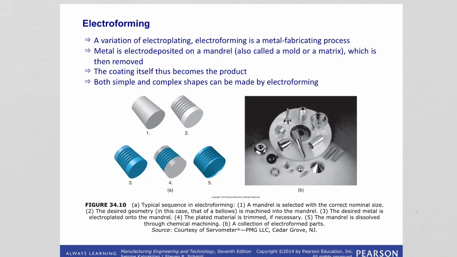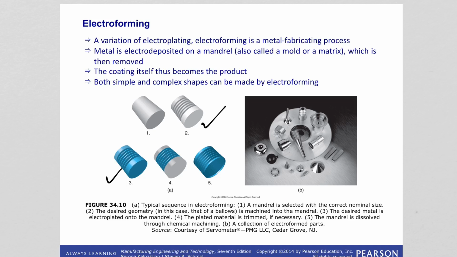And you are seeing here the typical sequence in electroforming. There is a mandrel selected with the correct size, and the desired geometry is machined into the mandrel in the second stage, and then the desired metal is electroplated, with the blue coating you are seeing on the mandrel.